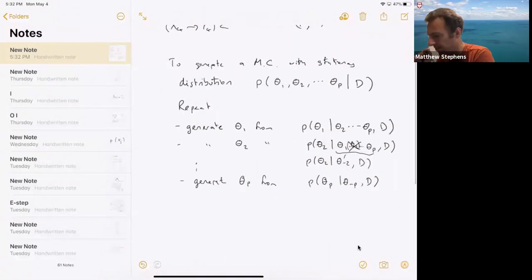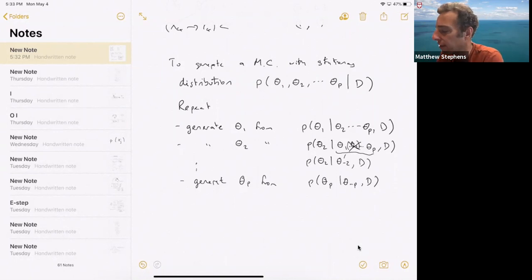So what I've done here is generalize from X and Y, which is just 2 random variables, to P random variables, theta 1 up to theta P. And I'm just sampling from the conditional distribution of one of them, given all the others.